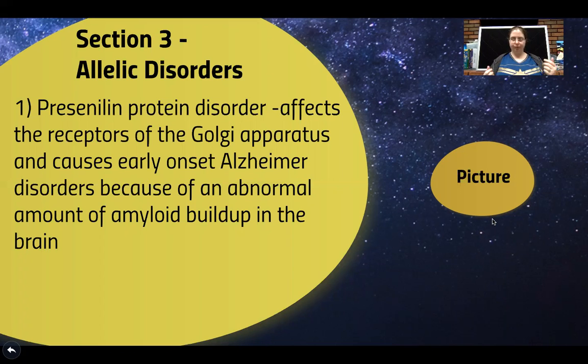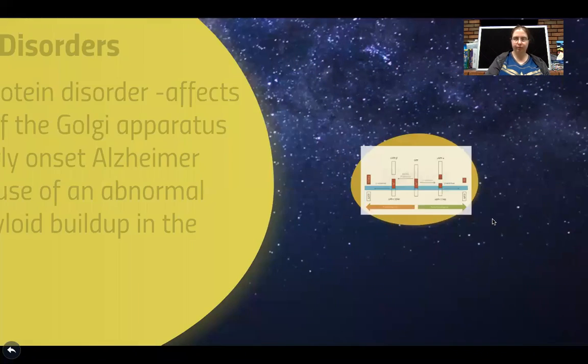In most people, the Golgi apparatus and the presenilin receptors can detect and receive the amyloid, package it, and send it out. Even with people who might get Alzheimer's later on, they don't have an issue with that until much later in life. But because of this starting up right away, the buildup occurs sooner in life, which is why it causes Alzheimer's sooner in life.